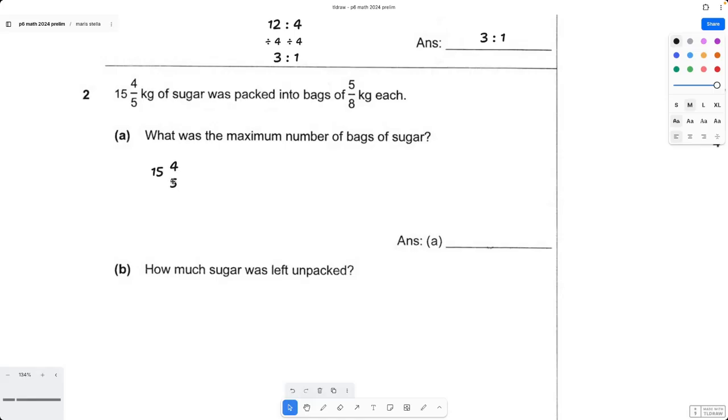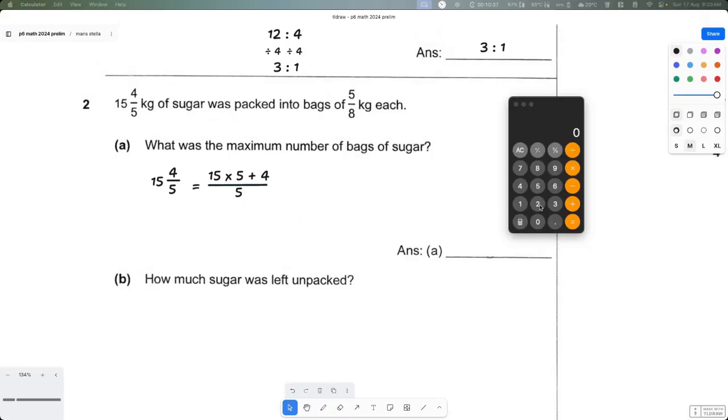We want to make this into an improper fraction. So to get the improper fraction, we have 15 times 5 plus 4, over 5. What do you think is 15 times 5 plus 4? We can use the calculator.